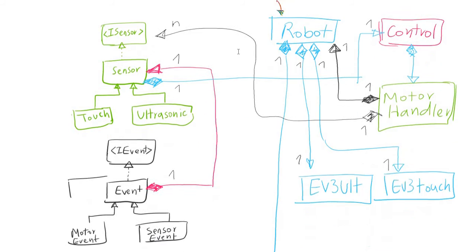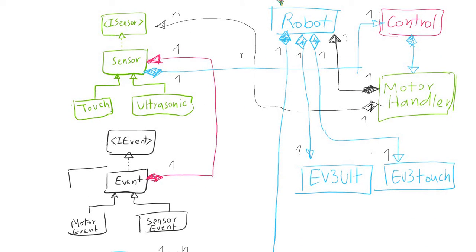Further on, we have a motor handler. And the motor handler has a robot, so it has implicit access to the motors and to the sensors, and the handler also has a sensors listener. So this is our listener class.